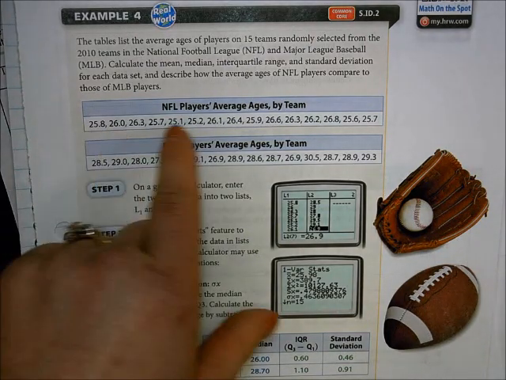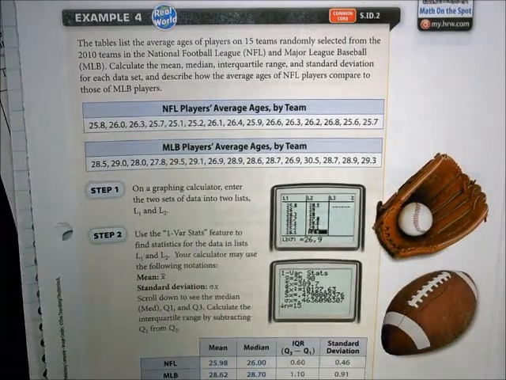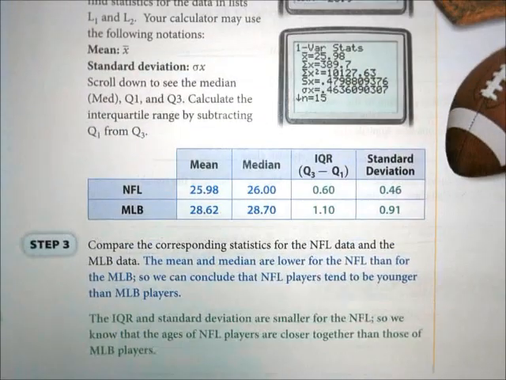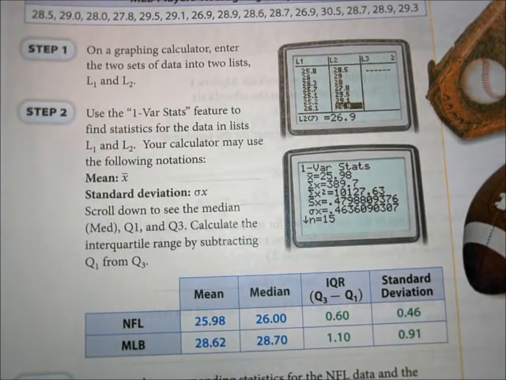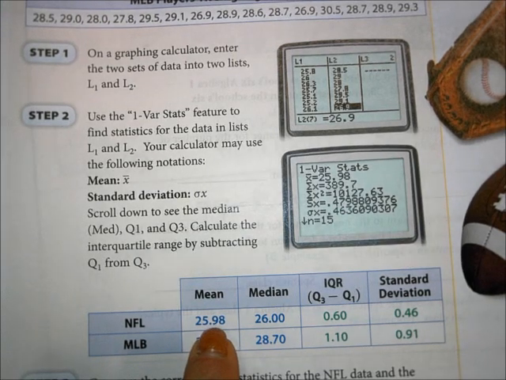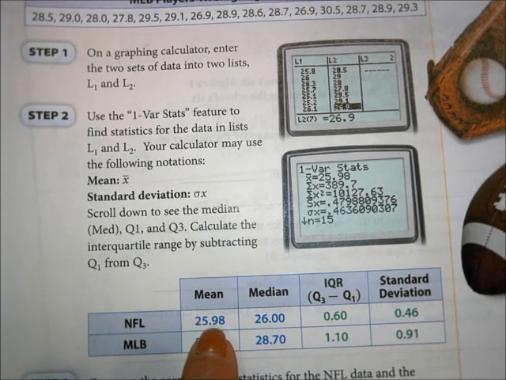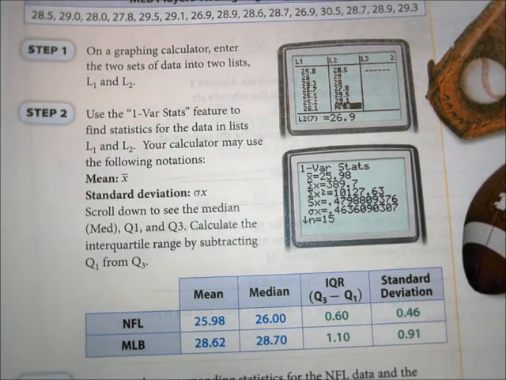So, if we entered all this information and all the Major League Baseball information, here's the statistics that we would get. Okay? So, for football, the mean age is 25.98. For baseball, it's 28.62. So the mean age for baseball players is higher than football players.